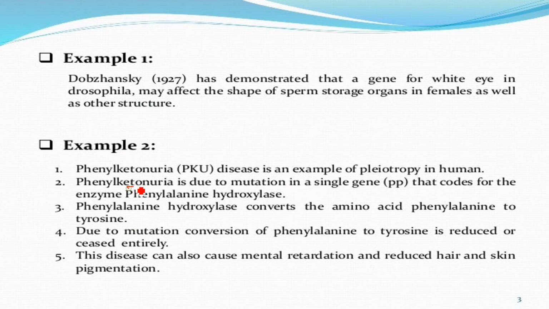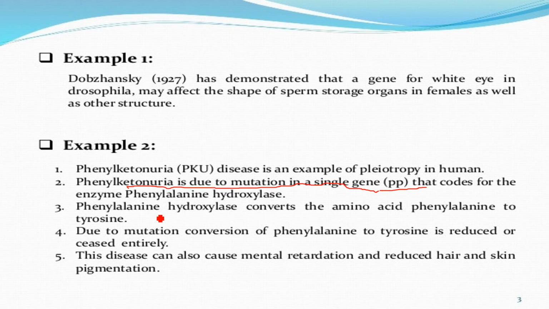How is it caused? It is caused due to a mutation in a single gene. Mutation means sudden changes appear in the single gene, PAH, that codes for the enzyme phenylalanine hydroxylase.